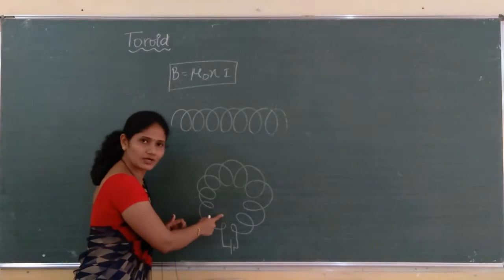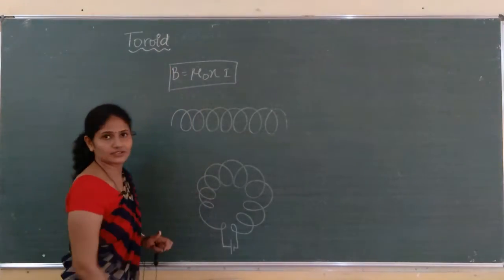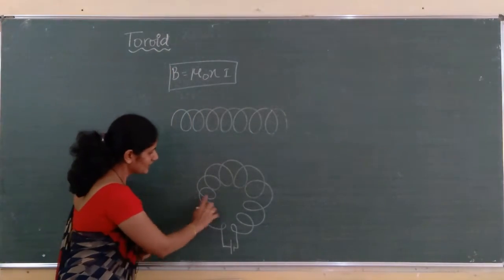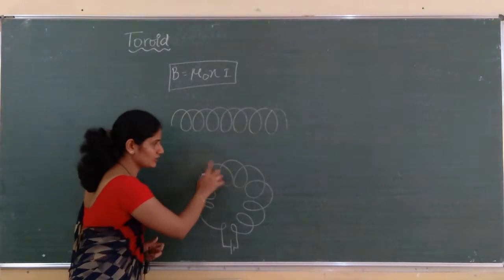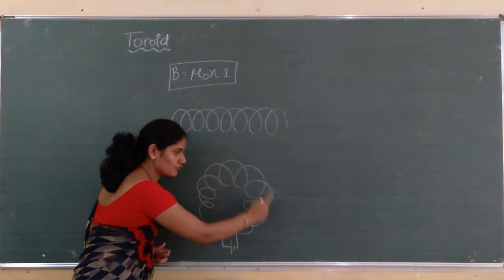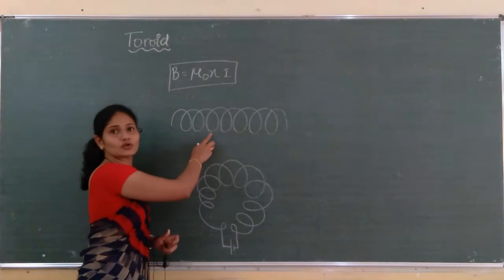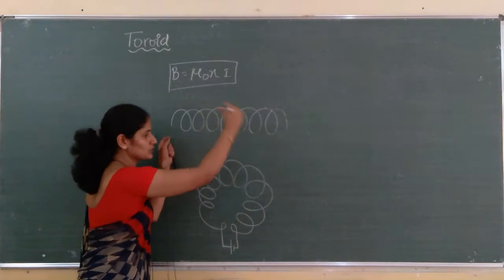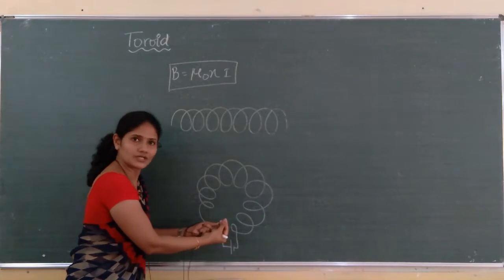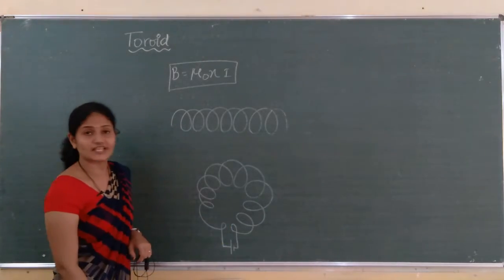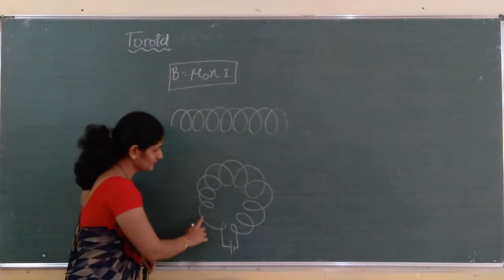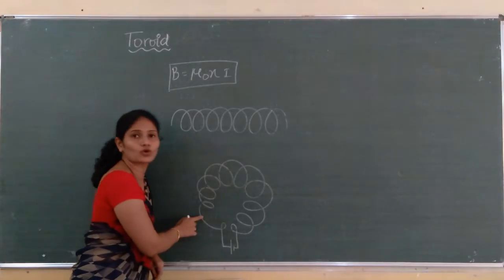So, this is nothing but the toroid. So, toroid is a hollow circular ring in which we have number of turns which are closely wound. It appears like a solenoid which is bent into circular shape. Now, let us see what is the expression for magnetic field inside this toroid.